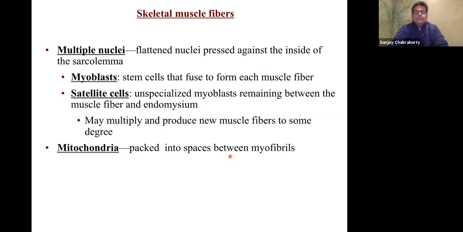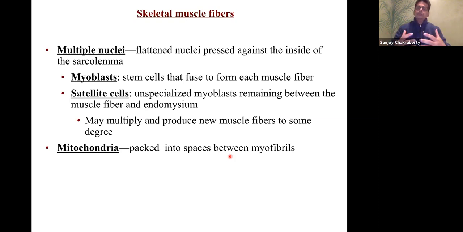Remember that. Second thing, the stem cell that makes a skeletal muscle. I'll give you an example to understand this. Theoretically, let's say one skeletal muscle cell has 50 nuclei. Basically, 50 myoblasts, those are the stem cells, came together.